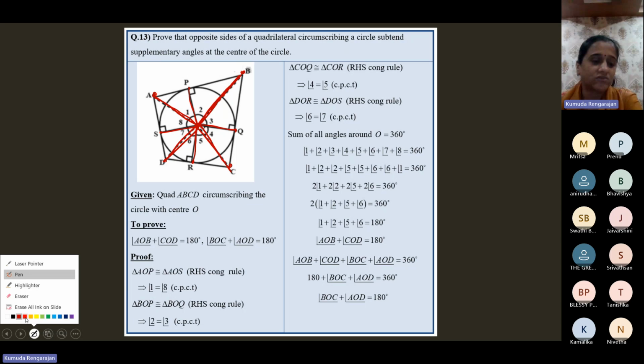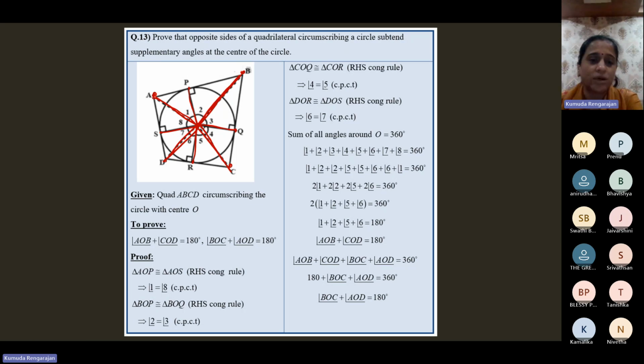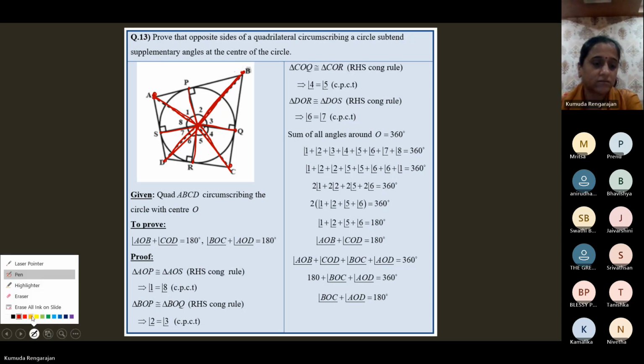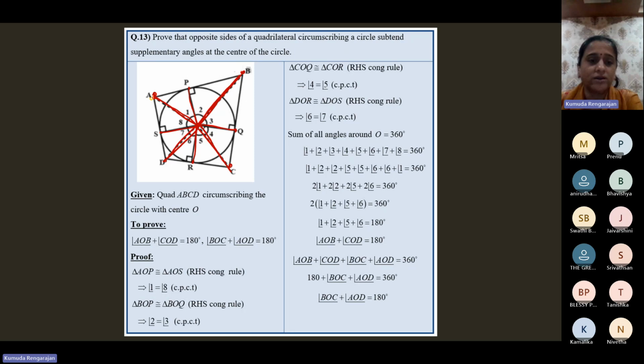So let's see the lines from the beginning. A is an external point. AO is the line segment from the external point A to the center. On either side of AO, we have this triangle and this triangle. Show that these 2 triangles are congruent. Next external point is B. BO is the line segment joining the external point to the center.